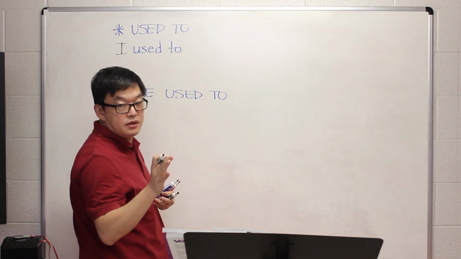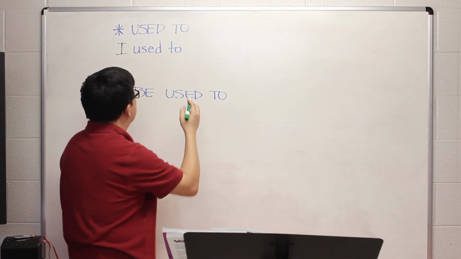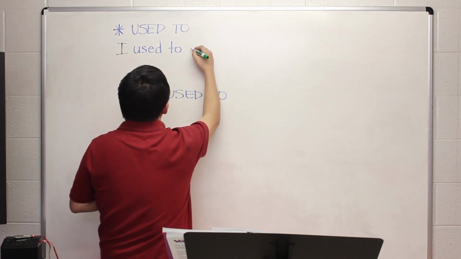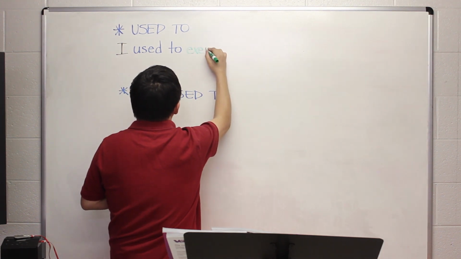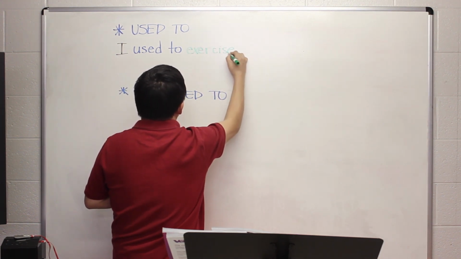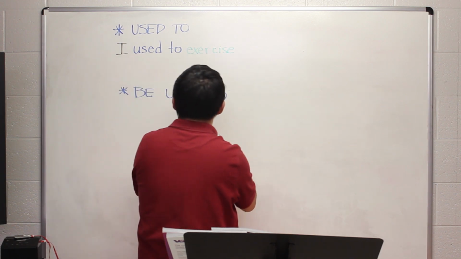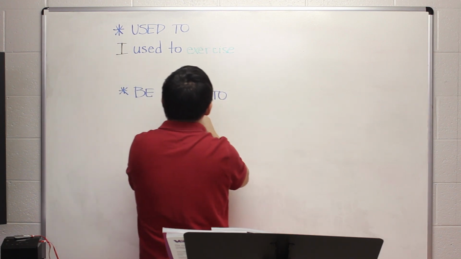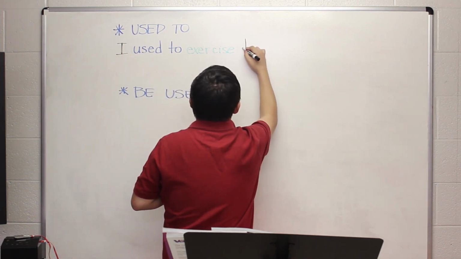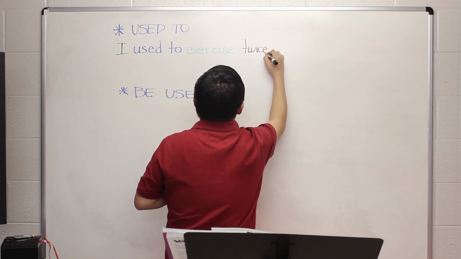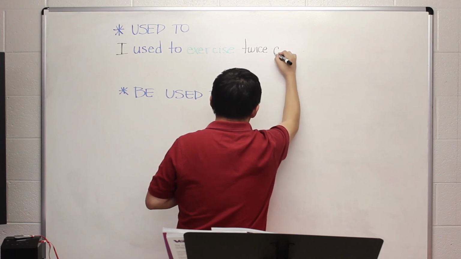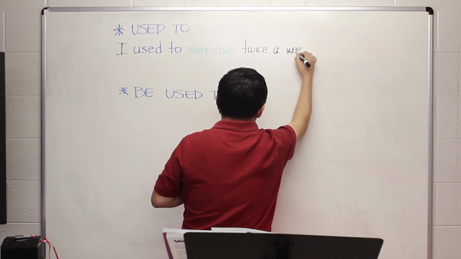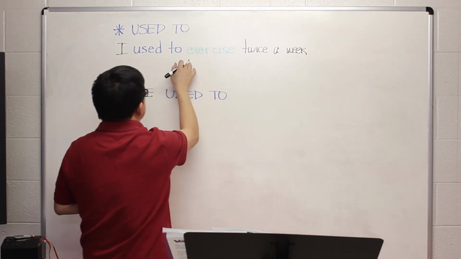What it means by base verb is the infinitive form, okay? I used to exercise. And I'm talking, this is past, okay? Twice a week. This is past.